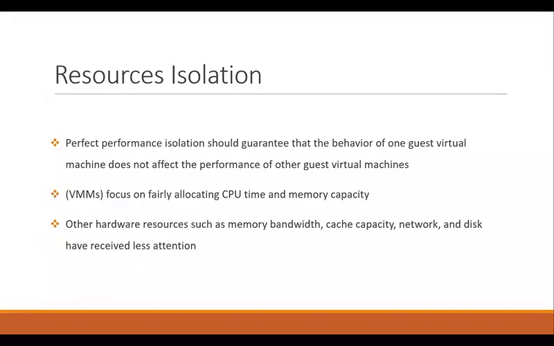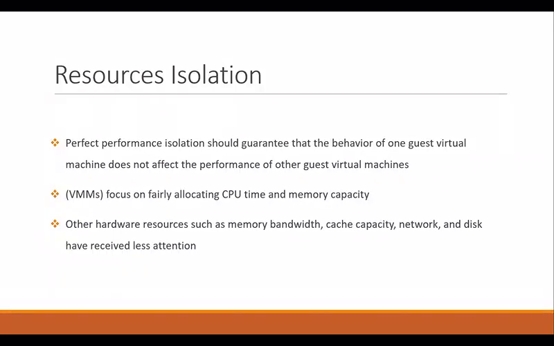So if you have perfect performance isolation, it should guarantee that the behavior of one guest virtual machine does not affect the performance of another guest virtual machine that is co-resident on the same physical machine. Also, the VMM or hypervisors currently known are only focused on fair allocation of the CPU and the memory.